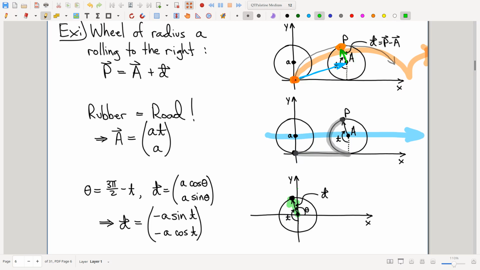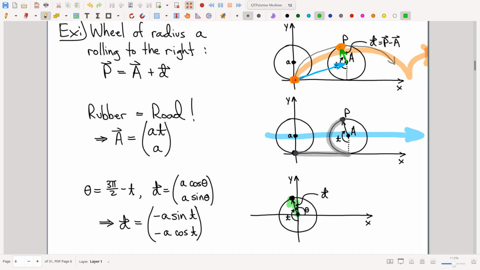And then the green vector describing the direction and magnitude of the spoke. Don't fall for the easy mistake. It's tempting to say that the spoke is doing some funny business like this. Now, the spoke is represented by a vector, because it's a direction and a magnitude, and vectors don't have location, right?